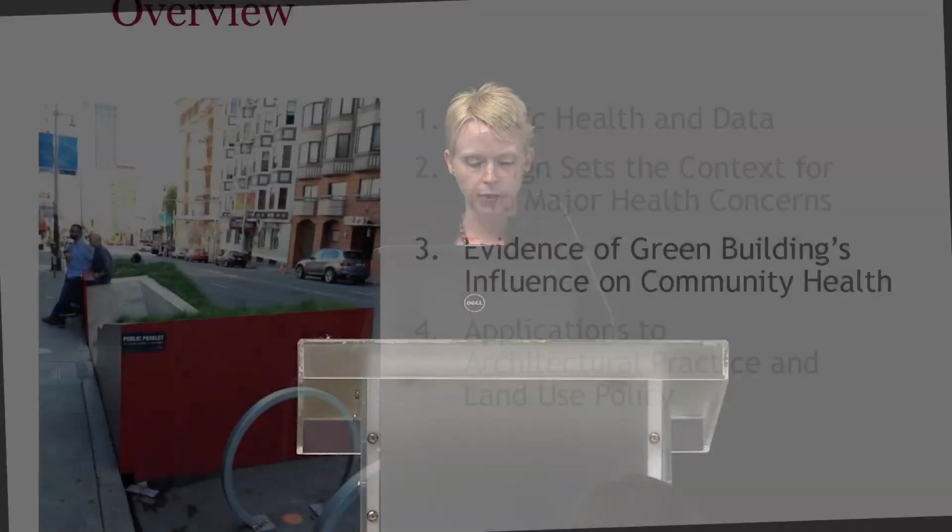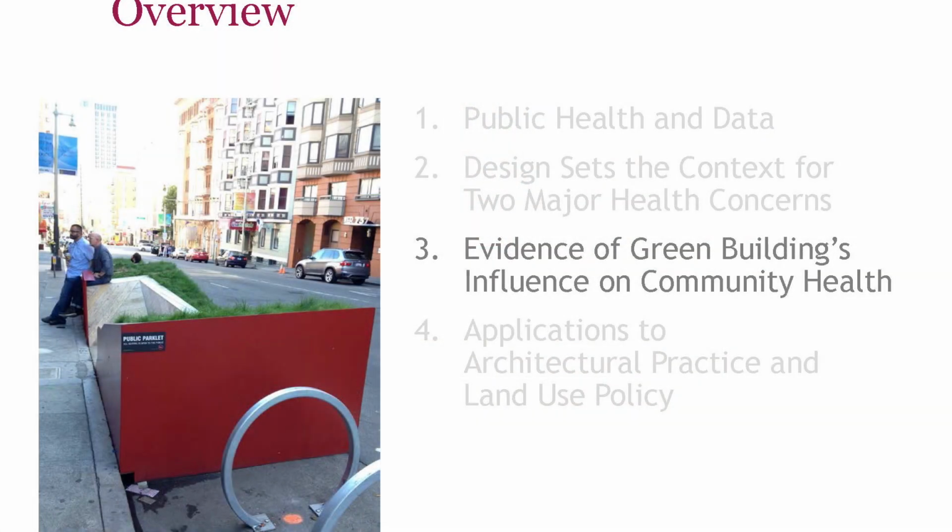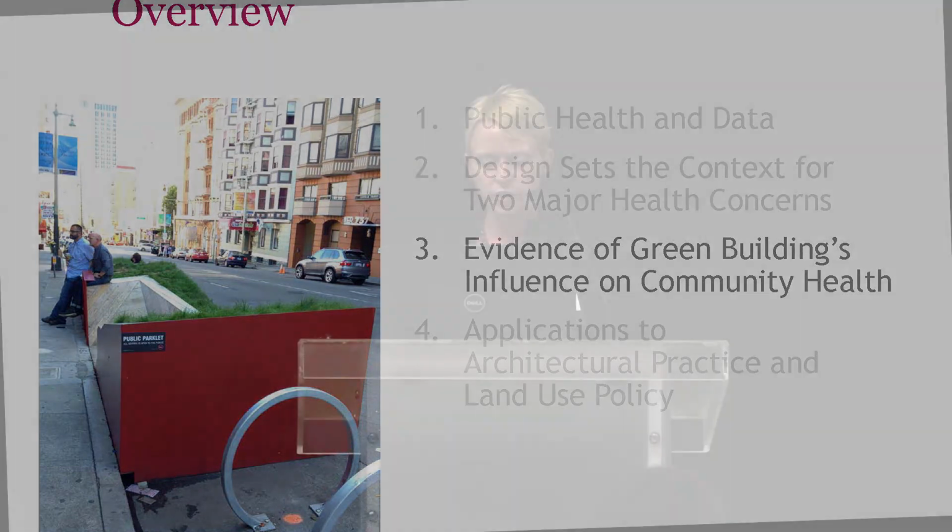So now we're just going to move on quickly to a few examples of the research that I've done that is looking at whether there is evidence that there is a role for green building specifically to play in improving community health. So as part of a larger study, I performed a literature review to identify the evidence of associations between green building strategies.